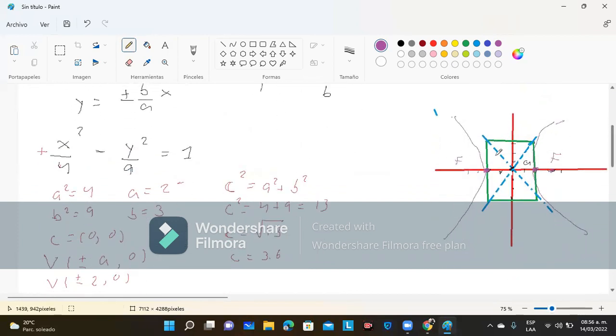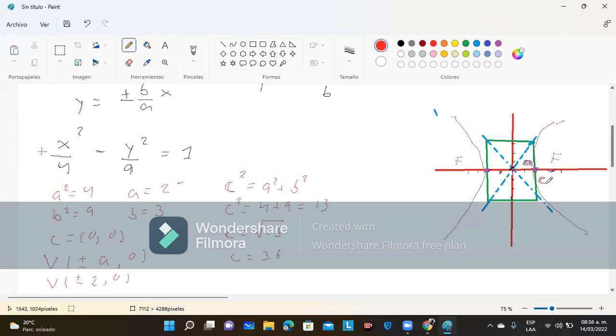Here in this example, we have that the distance between the center and the vertex is going to be called A, okay? And C is going to be the distance between the center and the foci.